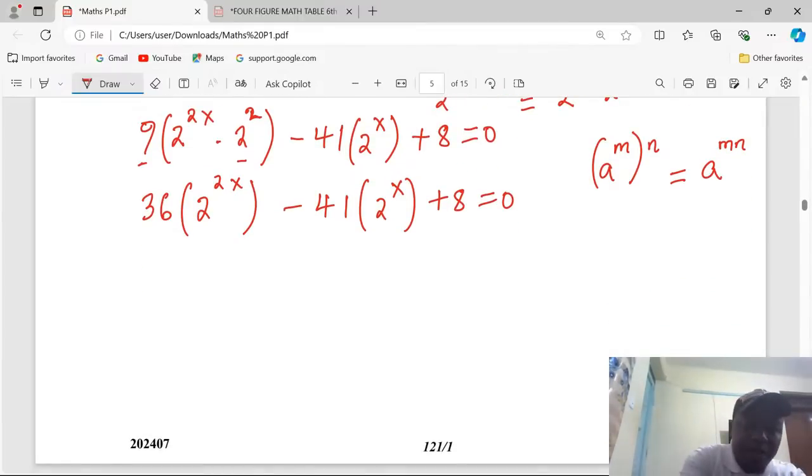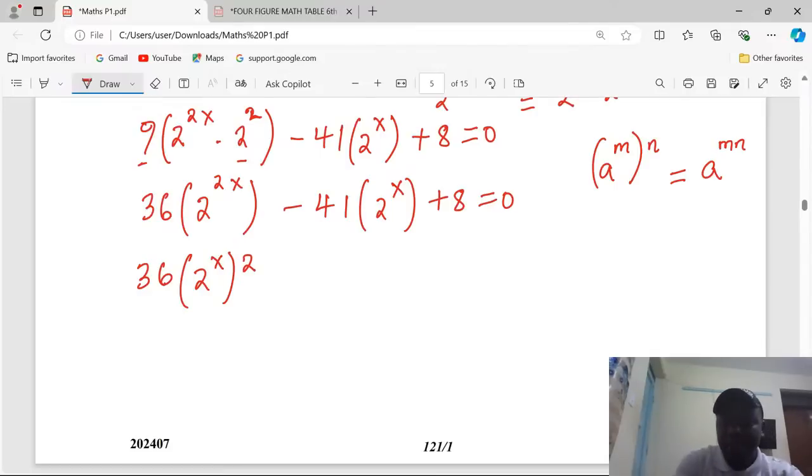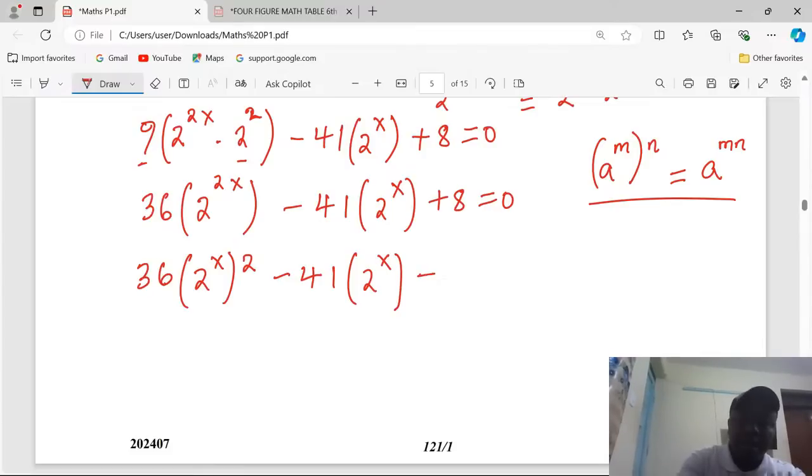That means we can say that this is 36, then 2 power x, which has been squared. I'm just applying the reverse of this. Minus 41, 2 power x plus 8 equals 0.